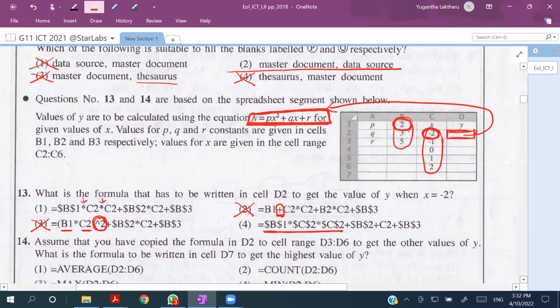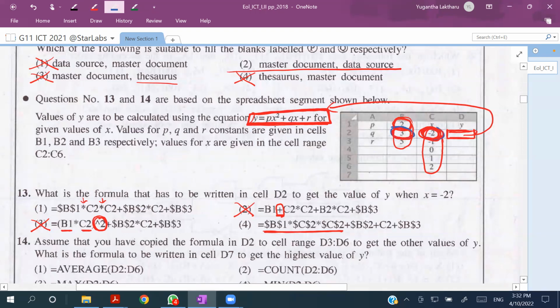Q's value is in B2 and should be multiplied by C2 with C2 again, because it says QX, right? So now we are trying to figure out B2 with C2.